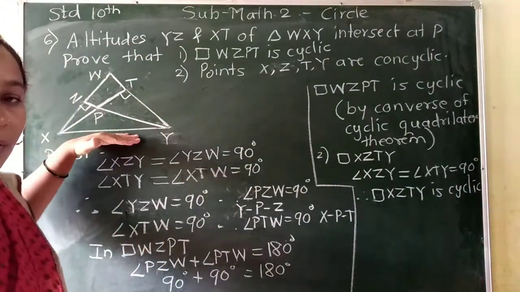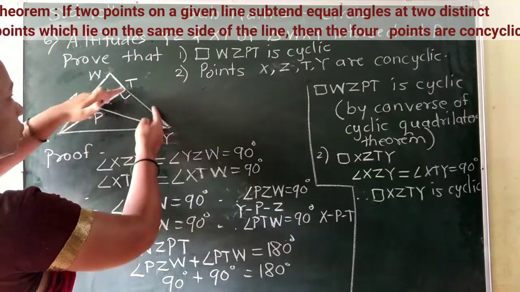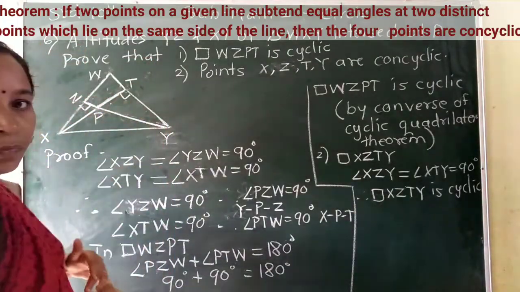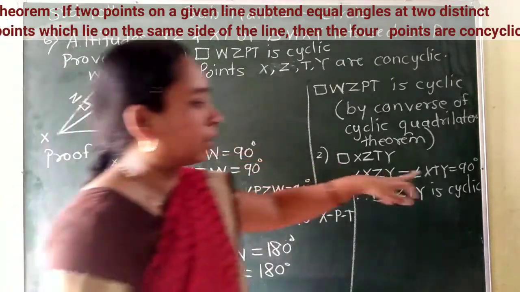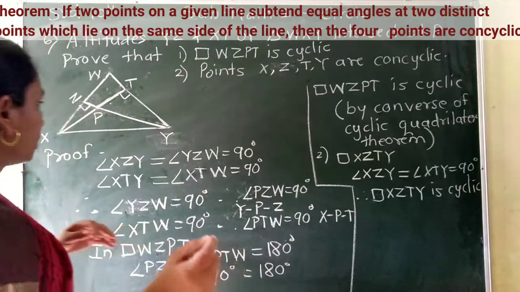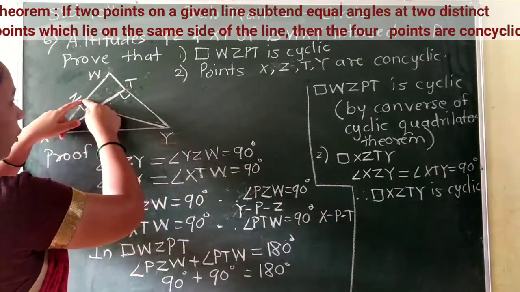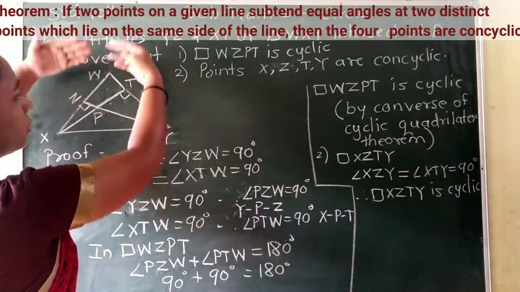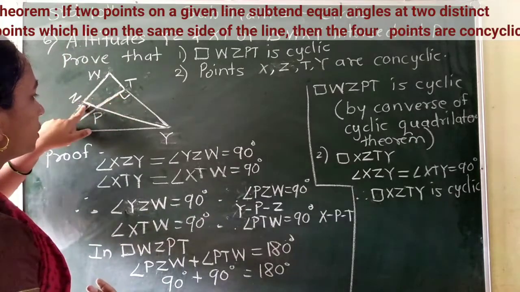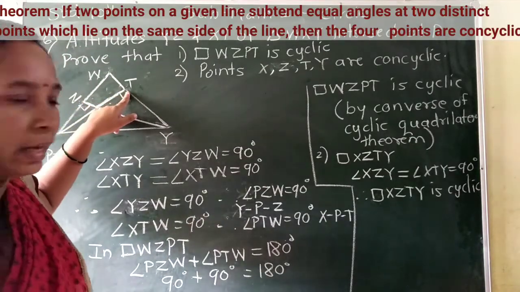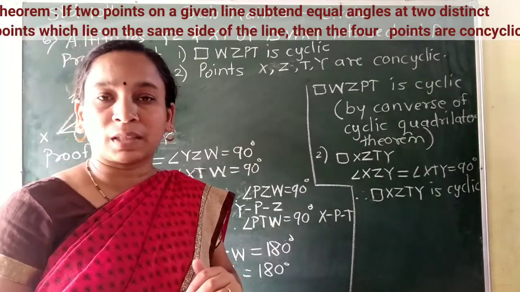Suppose this is the segment, and it joins two distinct points on the same side. If it makes congruent angles, here 90 degrees, then all these points lie on the same circle.